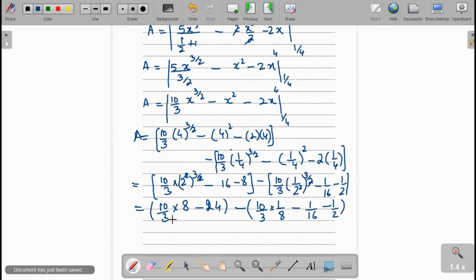Dividing this, the value comes to 80 over 3 minus 24, minus 5 over 12, minus 1 over 16, minus 1 over 2.